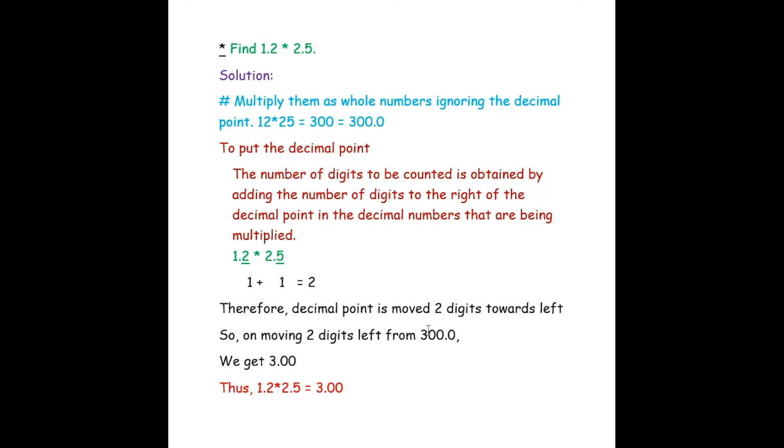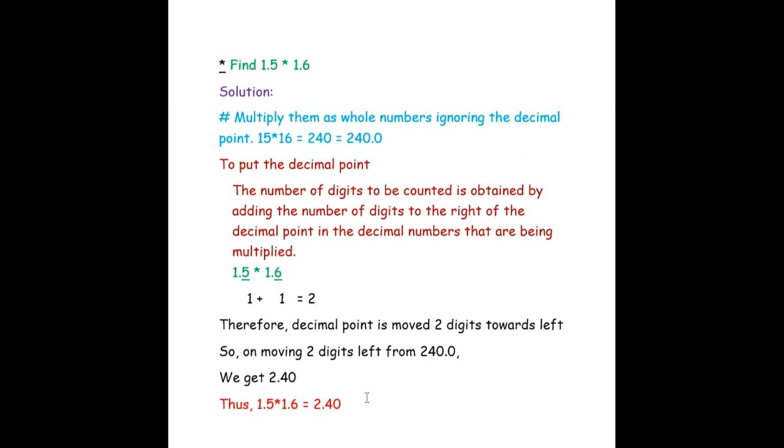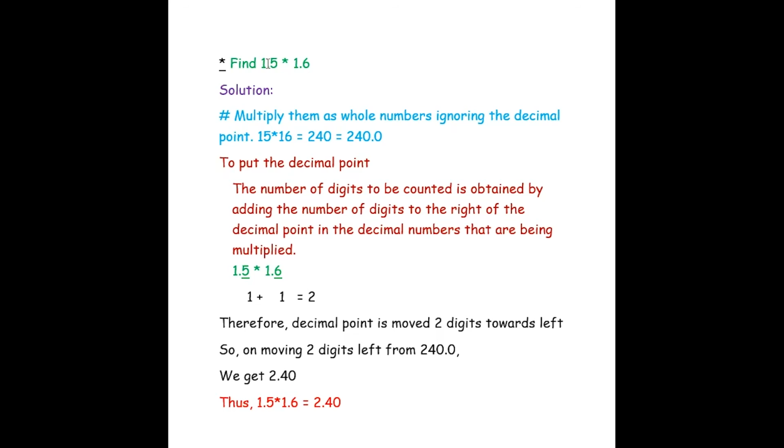Therefore the decimal point is moved 2 digits towards the left. Moving 2 digits towards the left from 300.0, this is 1 digit, 2 digits, so you will get 3.00. Thus 1.2 into 2.5 is 3.00.